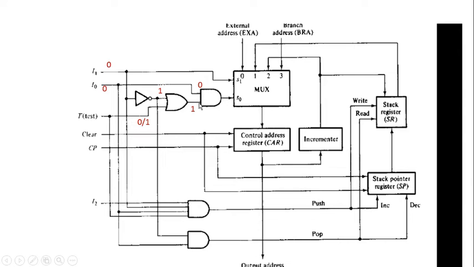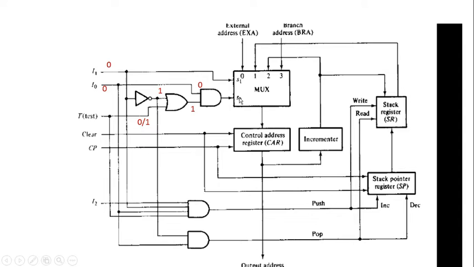If one input of this AND gate equals 0, there is no need to consider the value of the other input, which is based on the test input value. Whatever value comes for this test value has no significance here. The output of this AND operation becomes 0 always, so S0 also becomes 0. So this is the case of 0, 0.